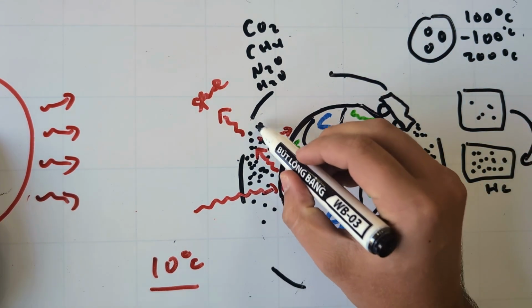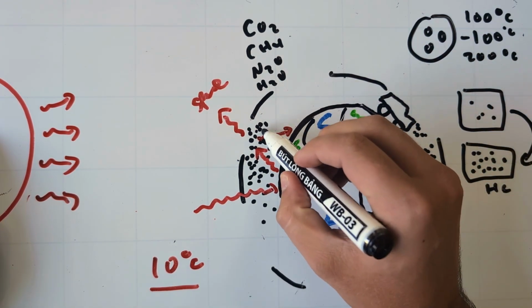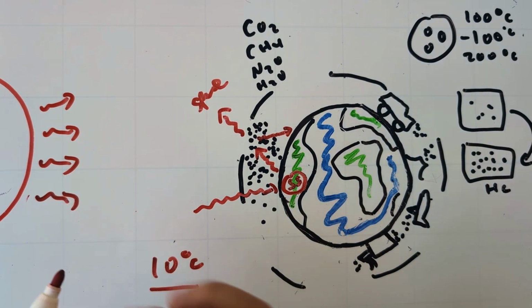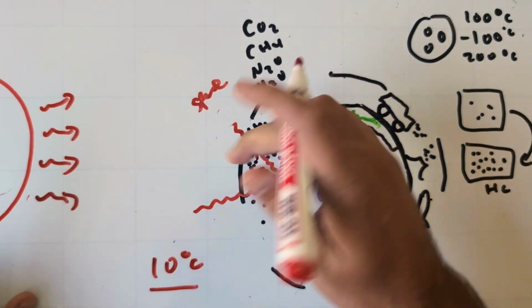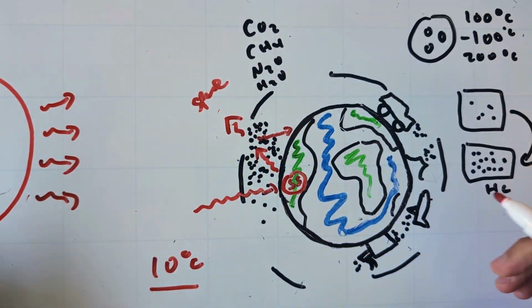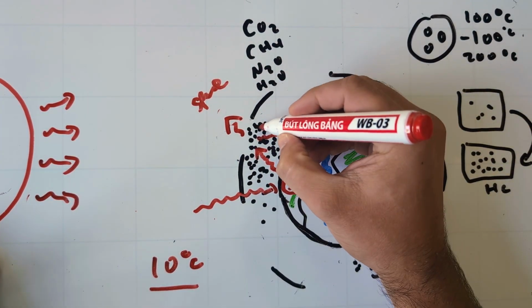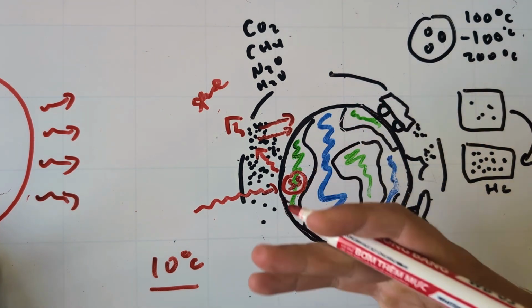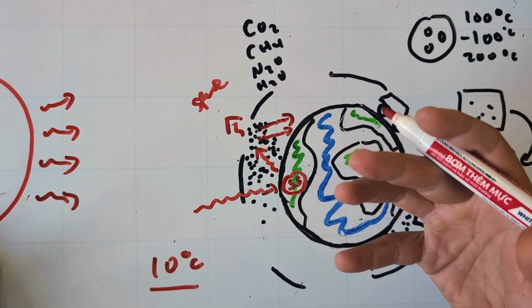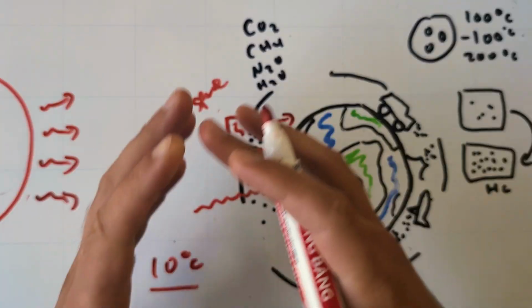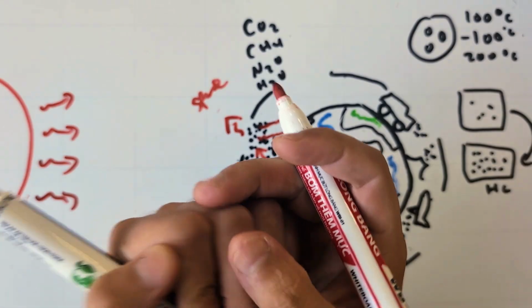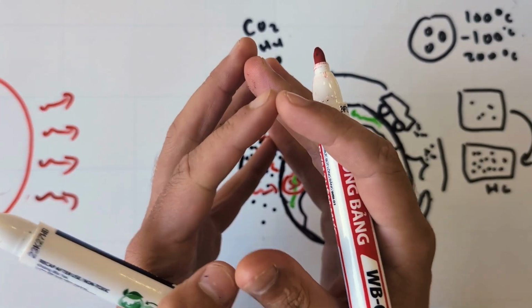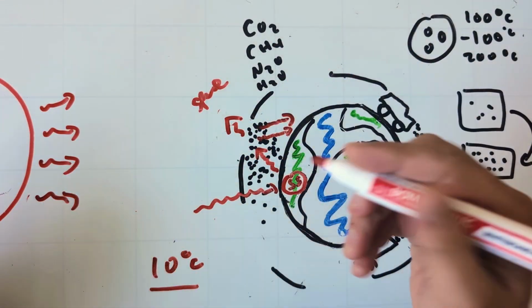But because the concentration is higher, what's happening is less solar radiation is escaping into space and more is being trapped, okay? It's become enhanced, it's become stronger, it's become more efficient. So that blanket that literally was keeping us warm and at 10 degrees has now become too effective and too efficient. It's become enhanced.